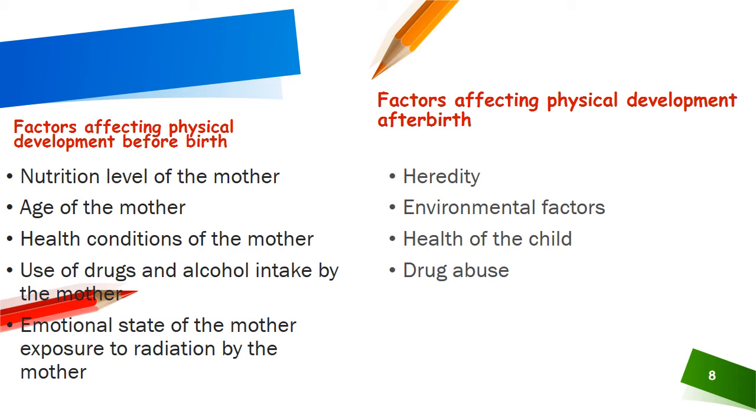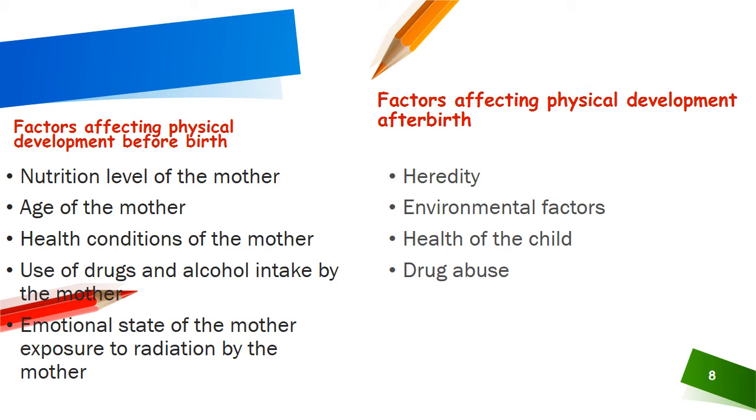And then use of drugs. If the pregnant woman is taking drugs like cocaine, okay, and if she takes alcohol, this can affect the development of the child in the womb. And then the other one is the emotional state of the mother.